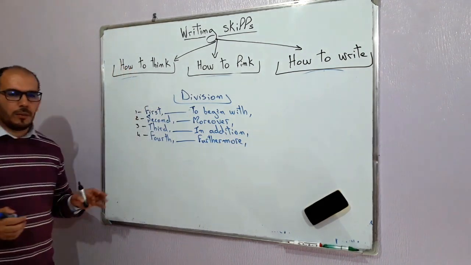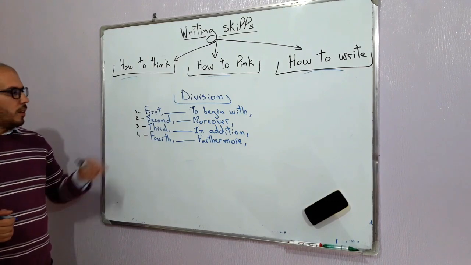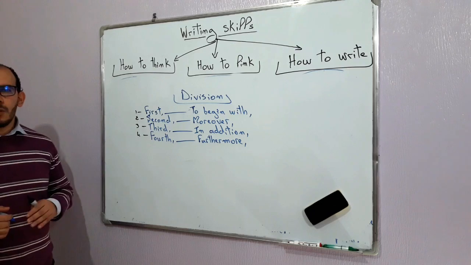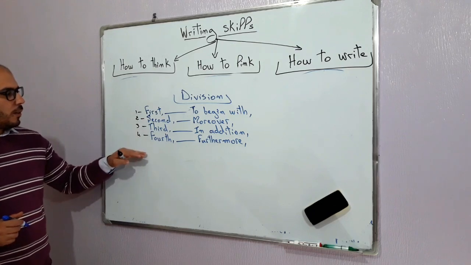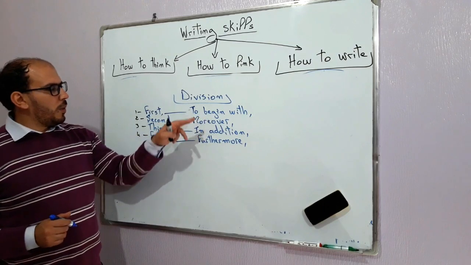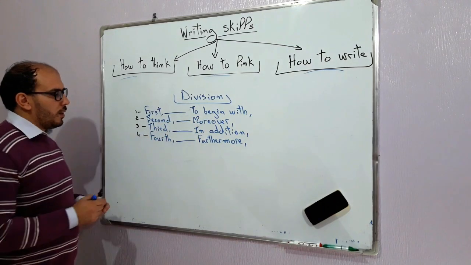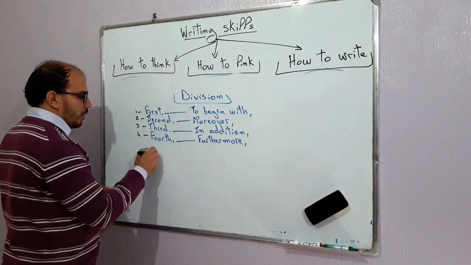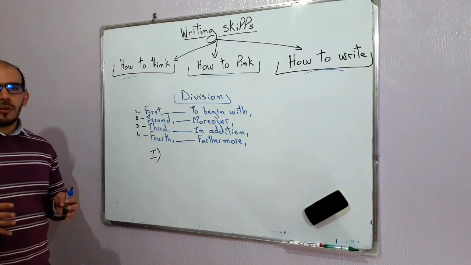And so on. So these are linking words used in order to give a kind of order in terms of your ideas. First, second, third. Or I can say to begin with, moreover, in addition, furthermore.